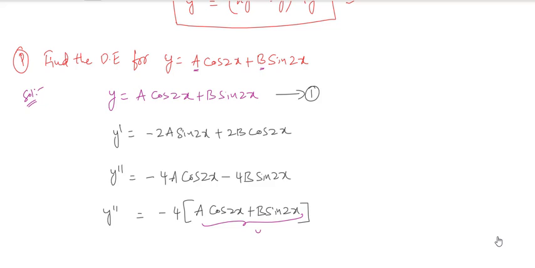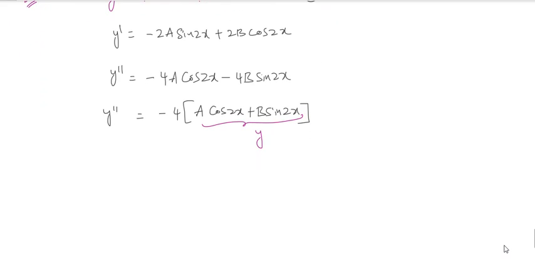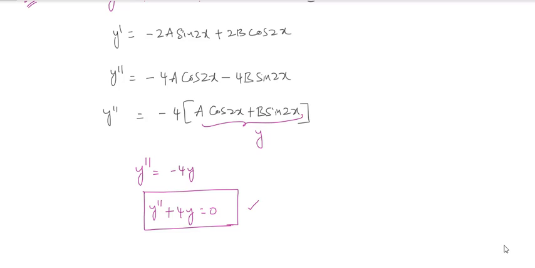In such a way I am able to eliminate the constants. So y double dash is equivalent to minus 4y. Then your differential equation will be y double dash plus 4y is equivalent to 0. Am I right? That is how you have to solve it.